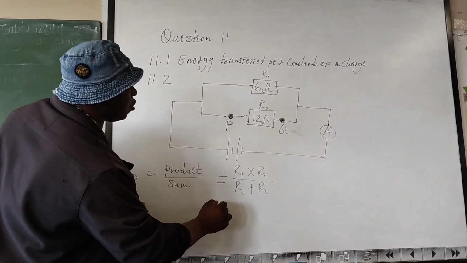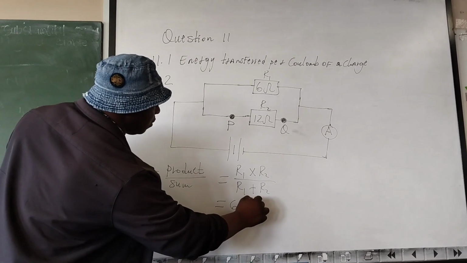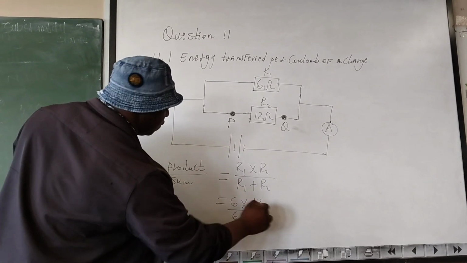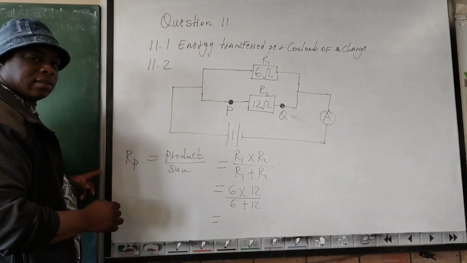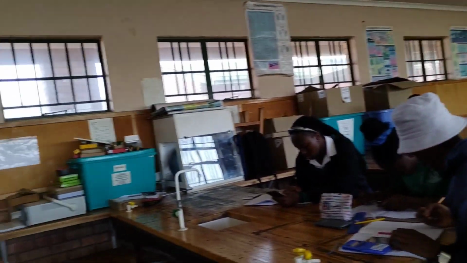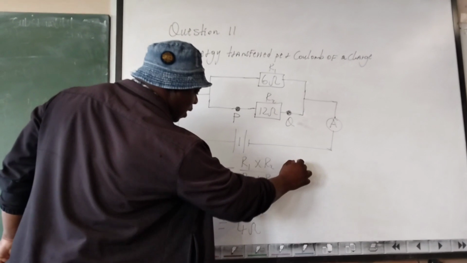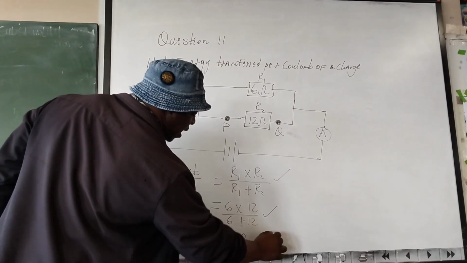Then you can further substitute because it is 6 times 12 divided by 6 plus 12. And what answer are you getting here? 4 ohms. You're getting 4 ohms, right? And this is given 3 marks. So obviously, if you are to mark it, 1 for substitution, and then the answer.